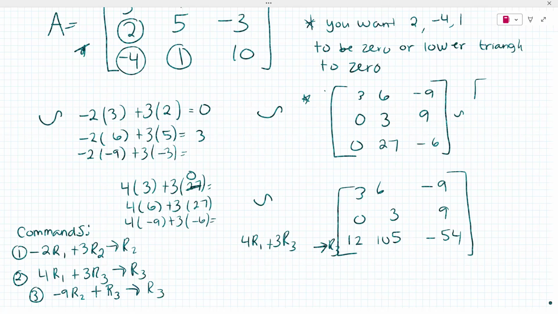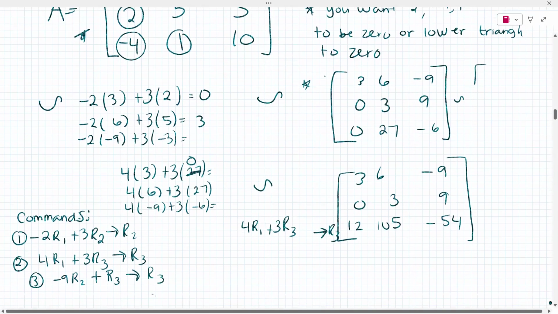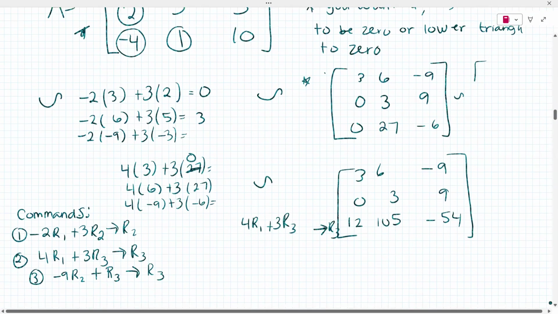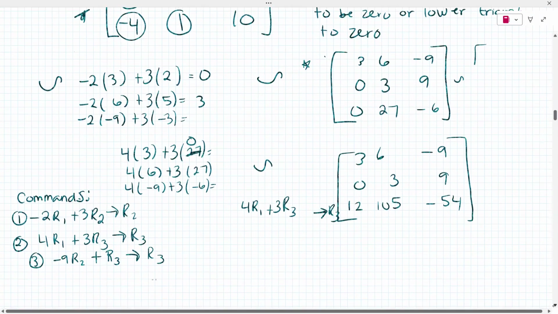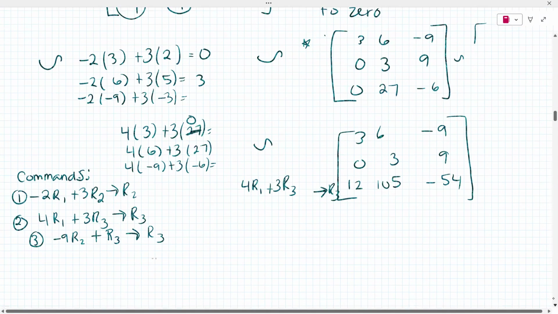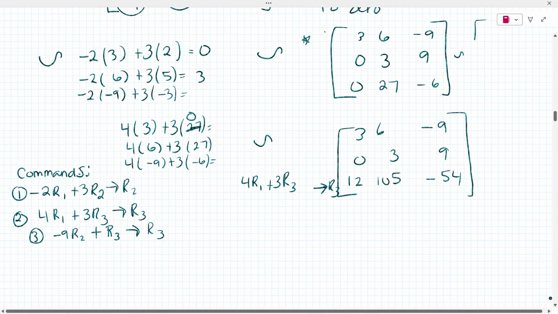So the third command is still messing with row 3, and you're going to multiply -9 by row 2 plus row 3. It gives you row 3. And when you do that, you're going to get this final matrix.